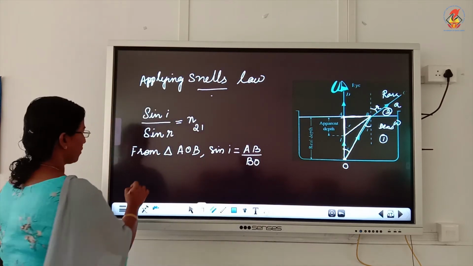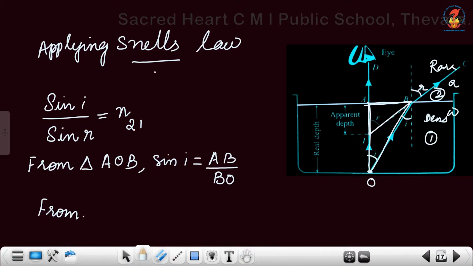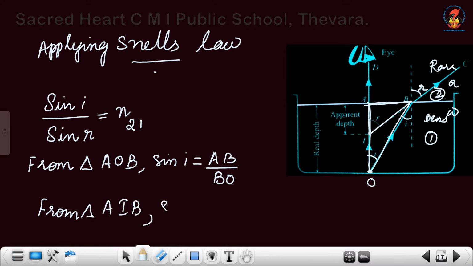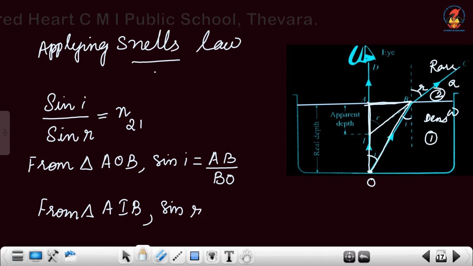Similarly, from triangle AIB, sin r is equal to opposite side by hypotenuse, AB by BI.